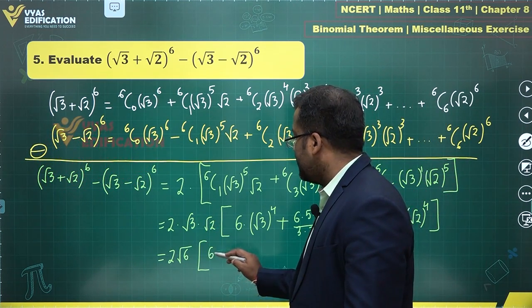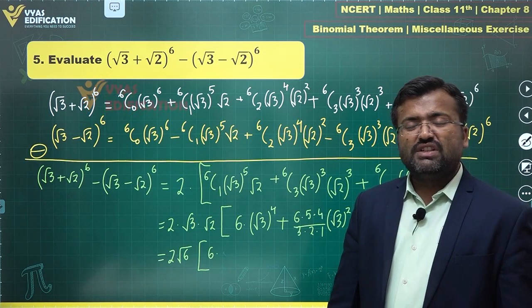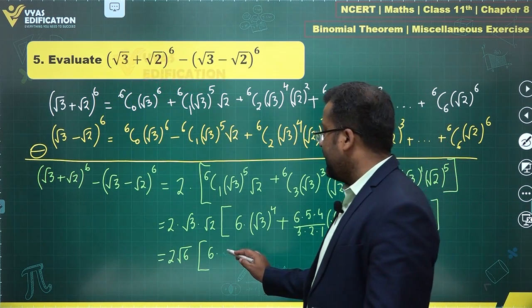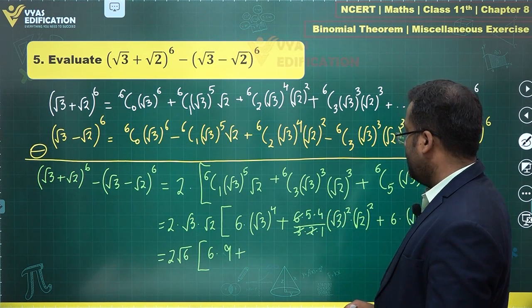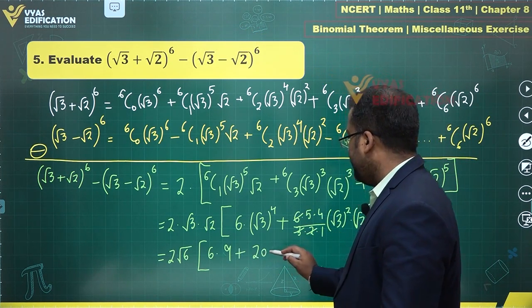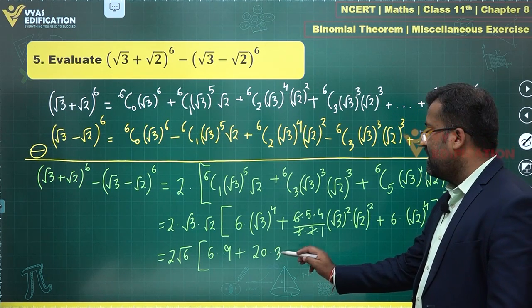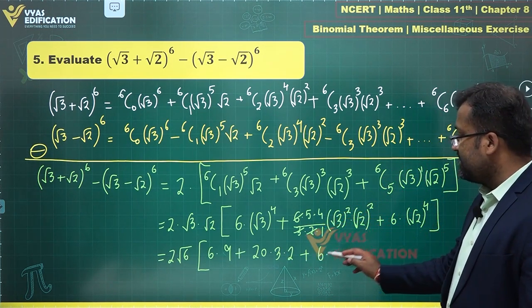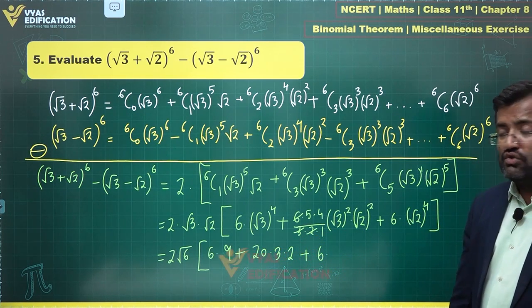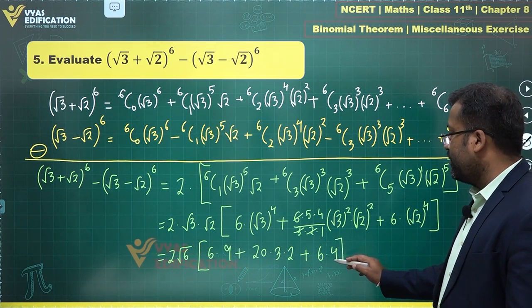In the bracket you have 6 times root 3 power 4, which is 3 square, that is 9, plus, what is this? This is 3 times 2, which is 6 gone. 5 times 4 is 20. 20 times root 3 square, which is 3, and root 2 square, which is 2. You observe that. Plus, the next term is 6 times root 2 power 4, which is 2 square, that is 4. This is what you have.